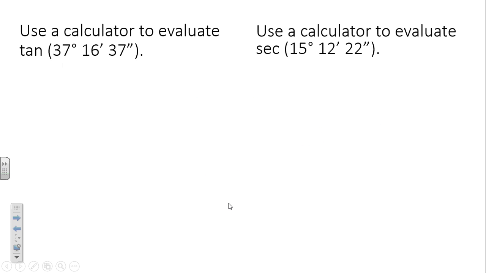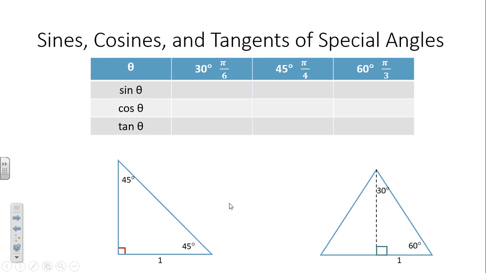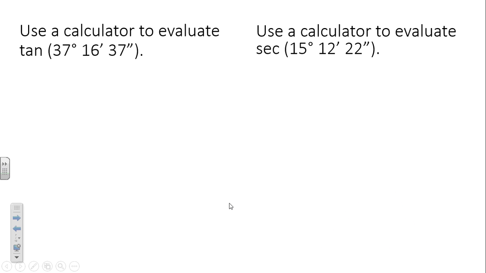Now we want to use our calculator to evaluate the tangent of 37 degrees, 16 minutes, 37 seconds. Do you remember that measure of that 1 degree angle on your other notes and how tiny that was? On paper it looked crazy tiny. I had to stretch it way out to make it look like an actual 1 degree, so that you can actually see a measure of an angle.